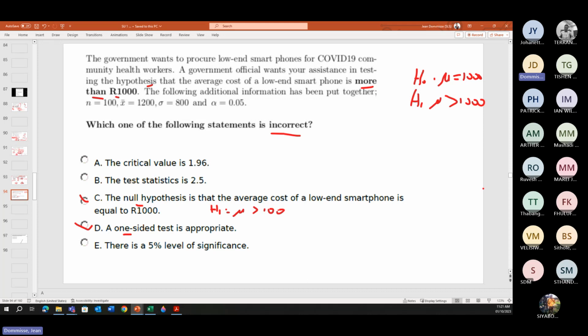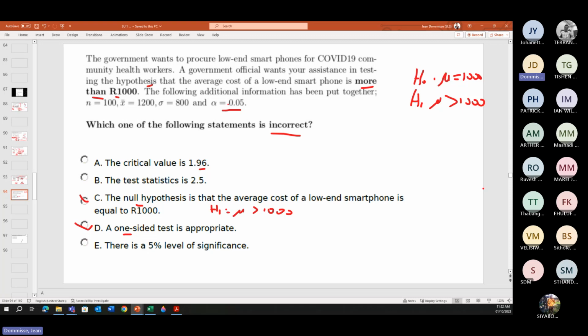So they could have given you the option of a null hypothesis, or the option of an alternative hypothesis. Critical value 1,96. So let's look at what they tell us.